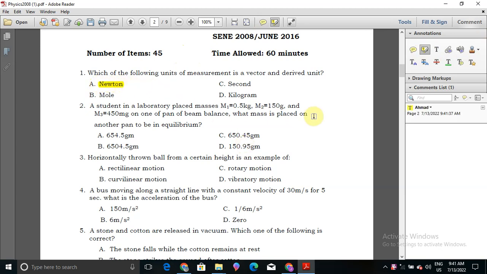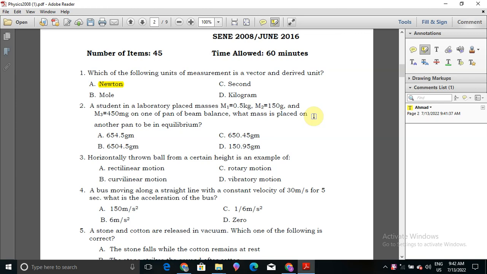Now in question number 2 it says a student in a laboratory placed masses M1, the first mass is 0.5 kilogram, M2 which is 150 gram, and M3 which is 450 milligram, on one pan of a pan balance. What mass is placed on the other pan to be in equilibrium?